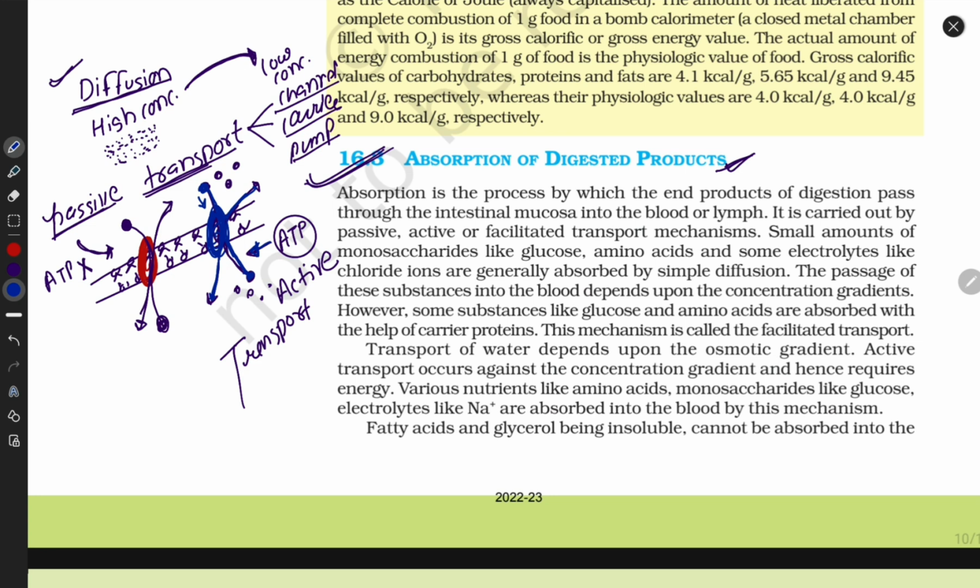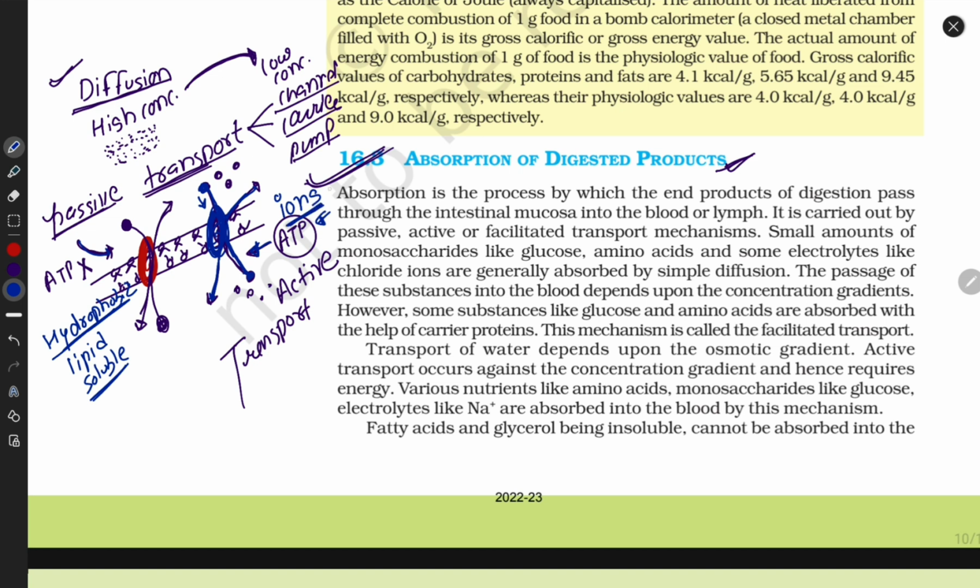It depends on the molecule, and especially ions use ATP for their transportation. Passive transportation means a hydrophobic thing can easily pass. Hydrophobic means lipid soluble, they can easily pass.